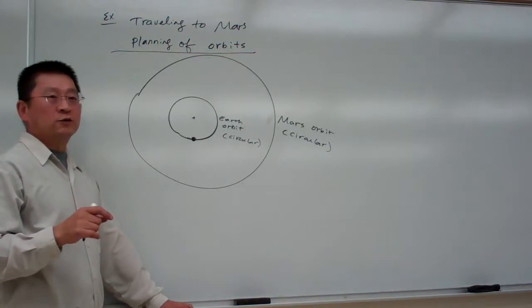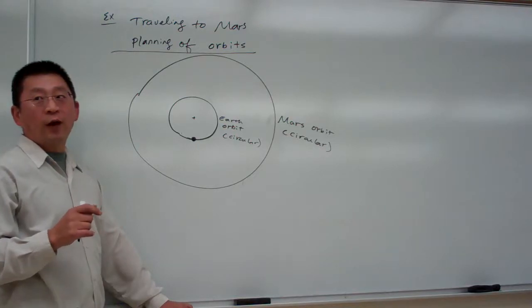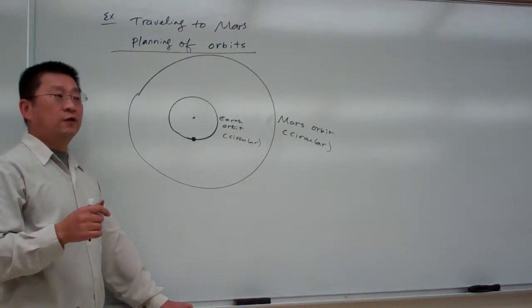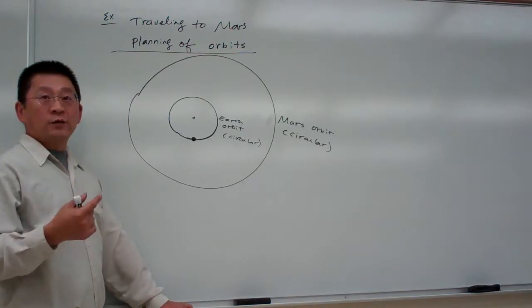We must launch everything at a particular time in a year, otherwise we're going to miss it. Assuming we take the most fuel efficient way, then basically we take the Hohmann transfer.